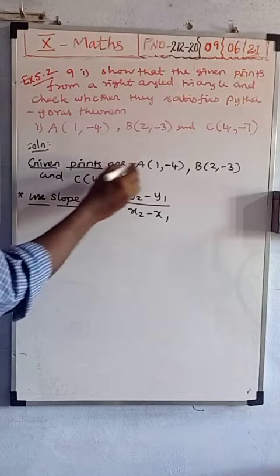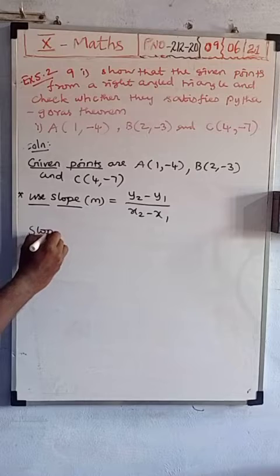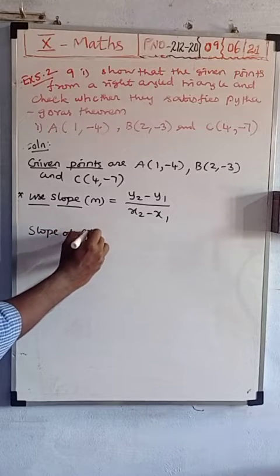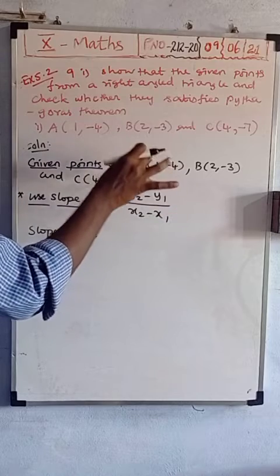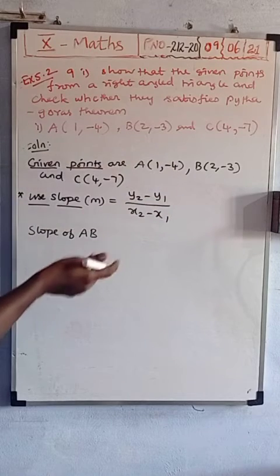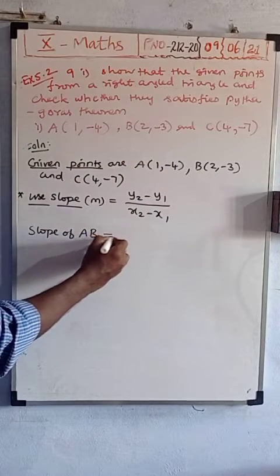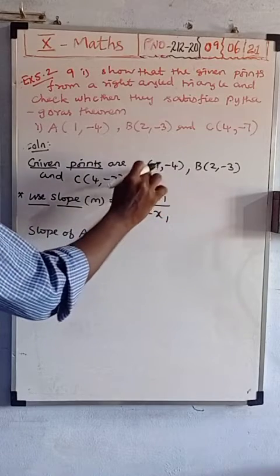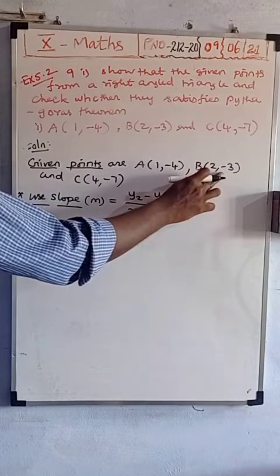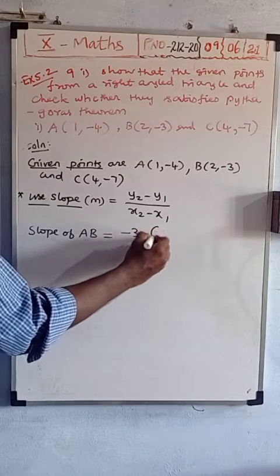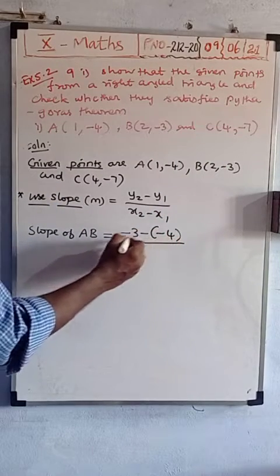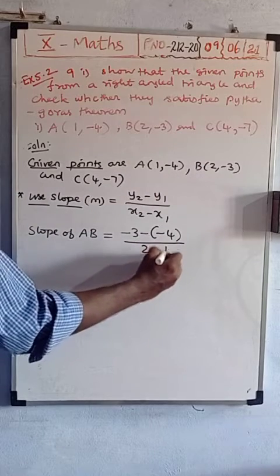First, we want to find all the slopes: the slope of line AB, line BC, and line AC. Now the slope of AB: A is (x1, y1), B is (x2, y2), so minus 3 minus of minus 4, divided by 2 minus 1.